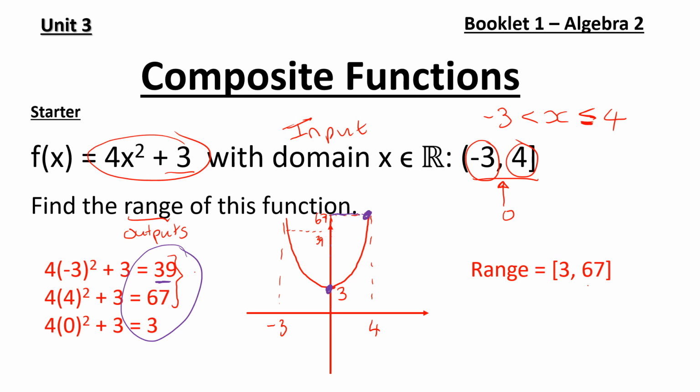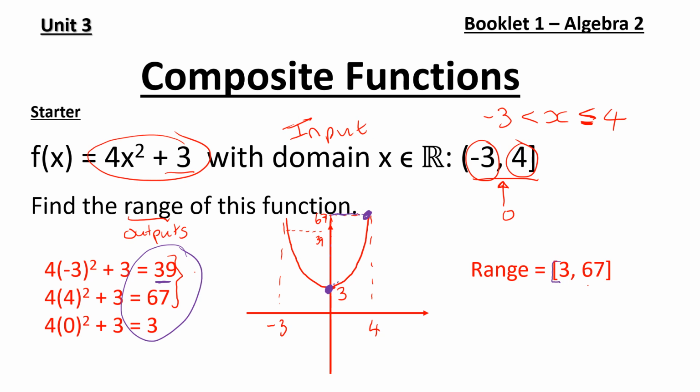But if your graph would approach but not quite reach those numbers, then you could use the curved brackets. Now on this one I can see that the graph definitely goes through the number 3. So that point that I marked there with the purple dot, the graph is going through that point, it is hitting the number 3, it definitely reaches the number 3 on the y-axis. So that's why I've put the square bracket around the 3.